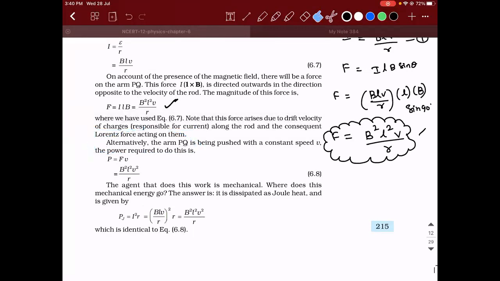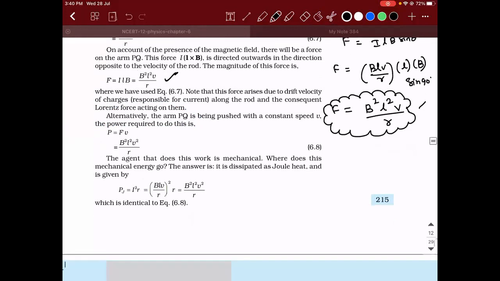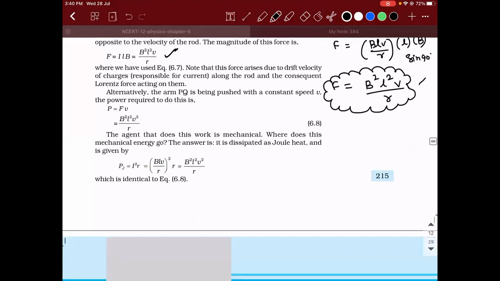Next, we need to calculate the amount of power that is required to ensure that the conductor is moving with this value. We know that power is equal to force into velocity. Or you can write it as V into I, or I square R, or V square divided by R. If you write any of these, you will get the same answer.